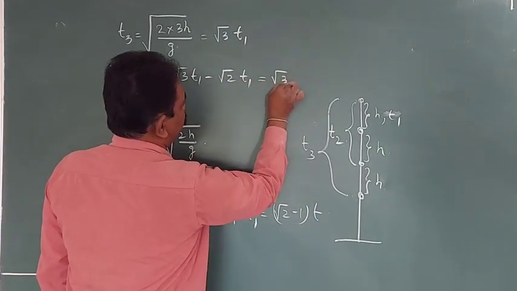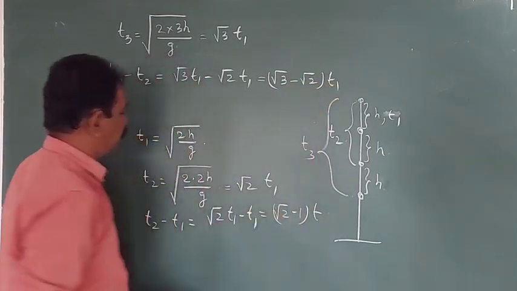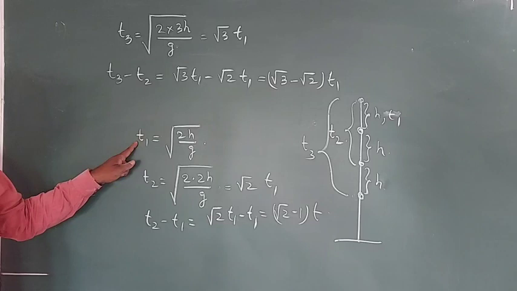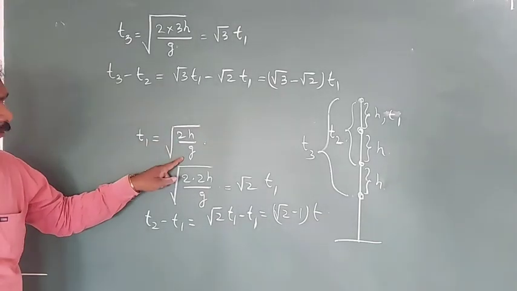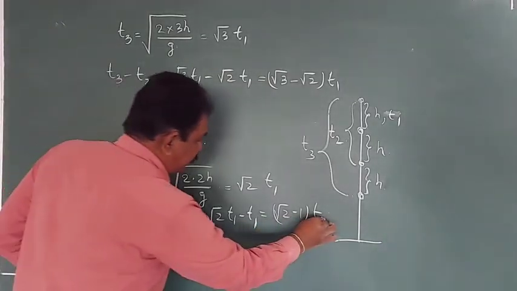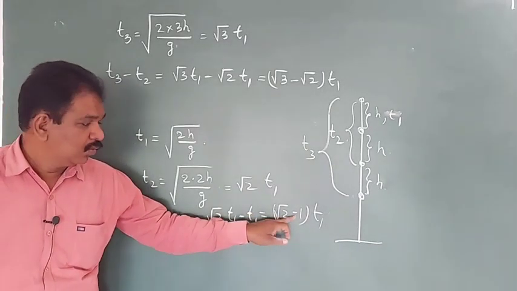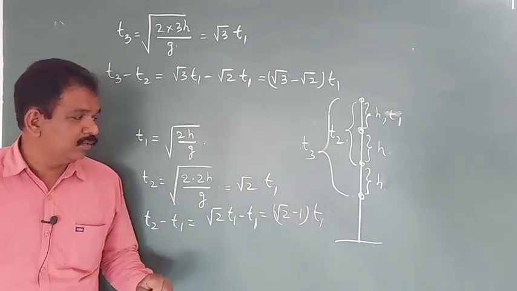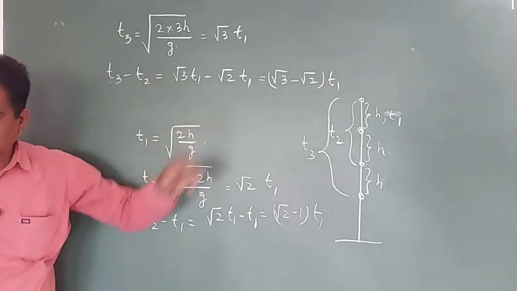This is equal to (root 3 minus root 2) into T1. If T1 is the time to cover the first h meters, it is root 2h by g. To cover the next h meters, time taken will be (root 2 minus 1) into T1. To cover the next h meters, this is the time.